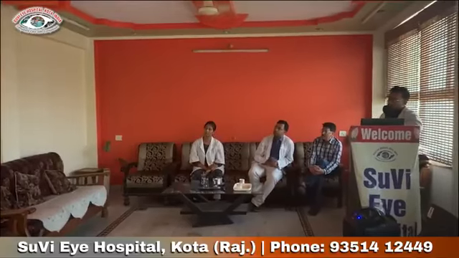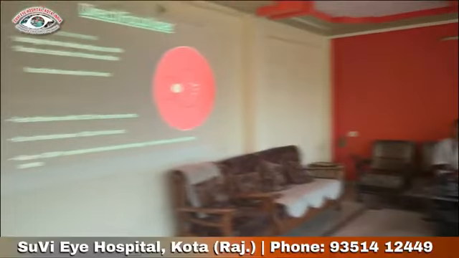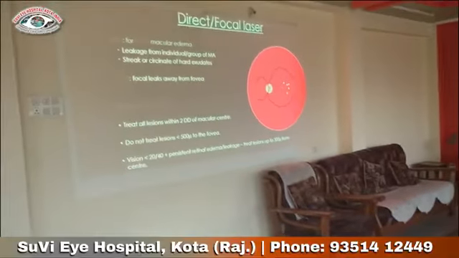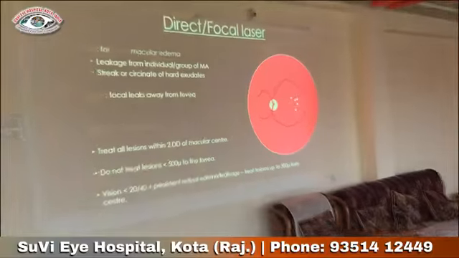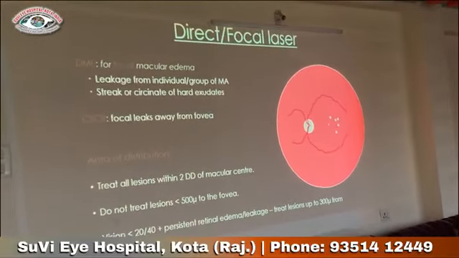Direct or focal laser is usually done in diabetic macular edema, where there is a focal leakage on FFA. By doing the focal laser, we aim to blanch the focal leaking lesions and close the focal leakage.